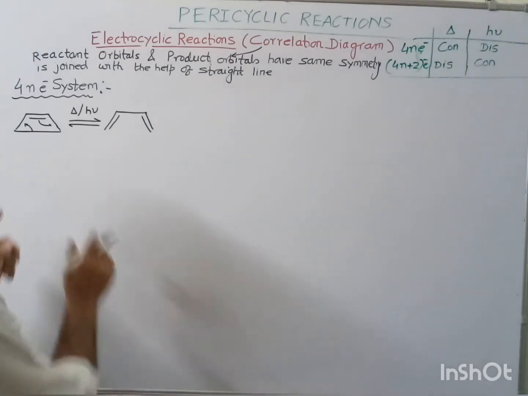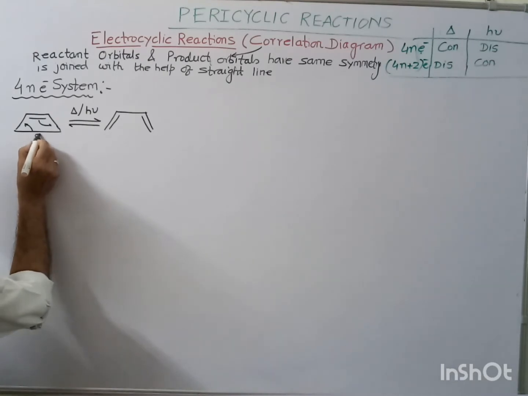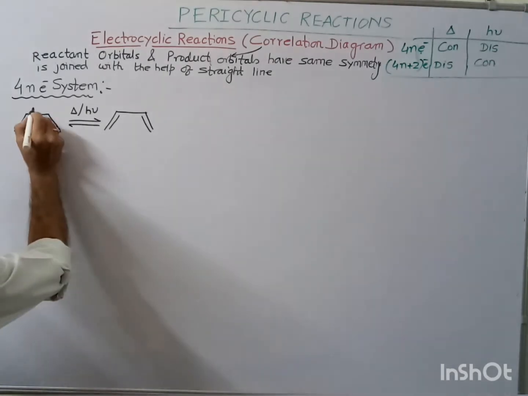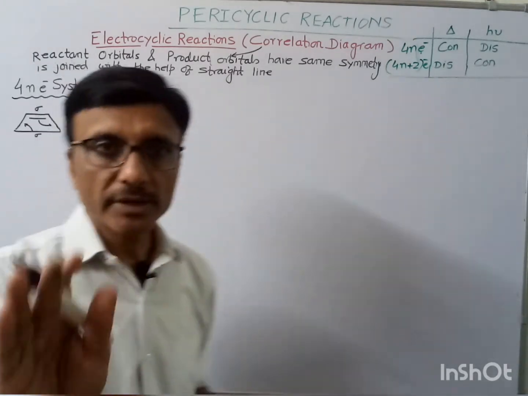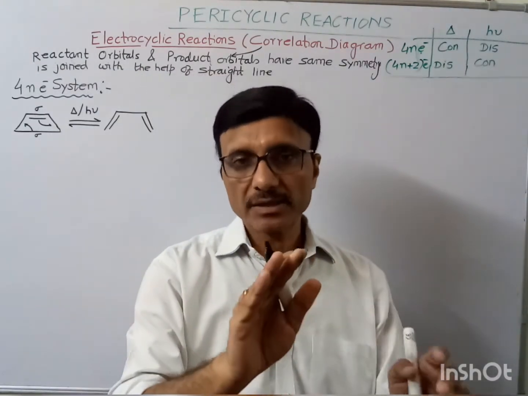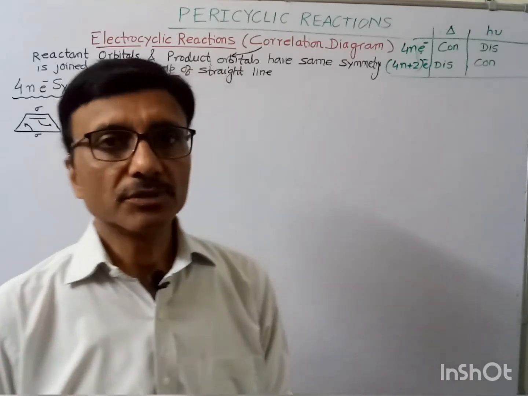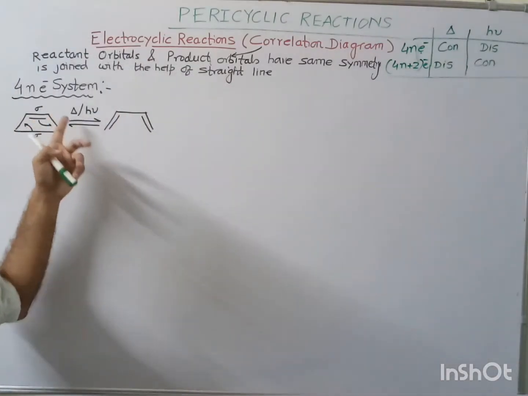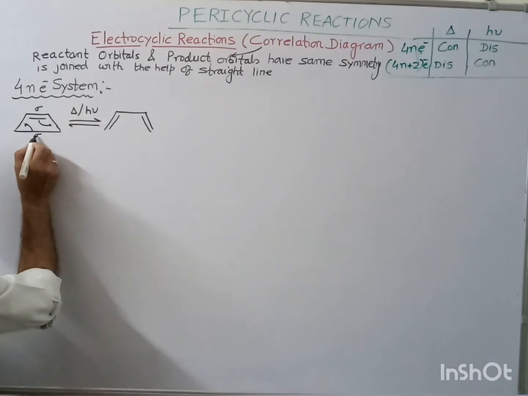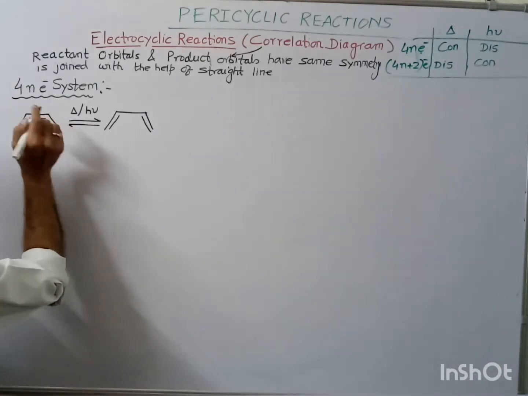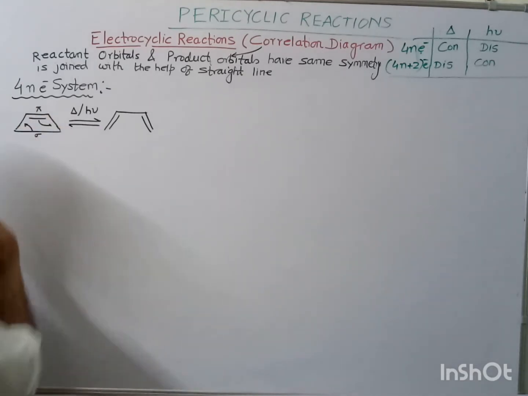The 2 electrons of this sigma bond and the 2 electrons of this pi bond are involved in a cyclic shift of electrons.